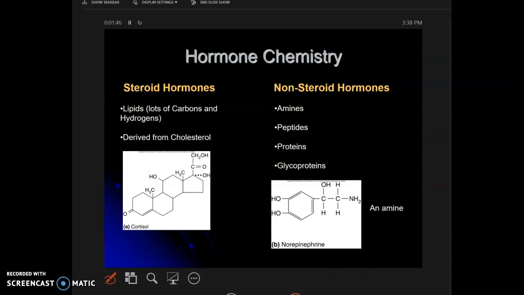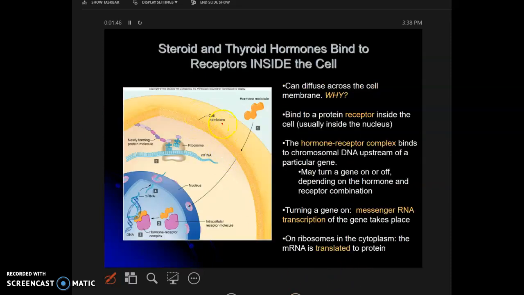And the cell membrane is phospholipid in nature. If you have ever played with two drops of oil, if you bring two drops of oil close to each other, what will happen? They will merge, they will fuse, right? Same thing: a steroid hormone will come and fuse with the cell membrane.